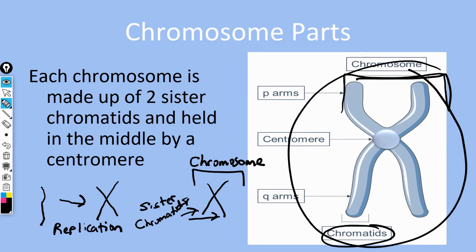So since we took that 1 chromosome and made an X chromosome, those chromosomes that we call sisters that are together in this X-shaped structure are identical, and that's why we call them sisters. So we use female terminology to describe things that are identical. So you'll see things referred to like sister chromatids, or other things like daughter cells. And when we use terms like sisters and daughters, we're describing things that are identical.